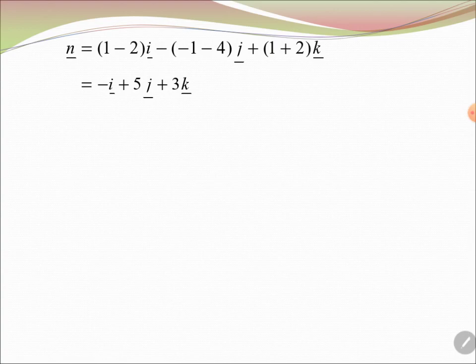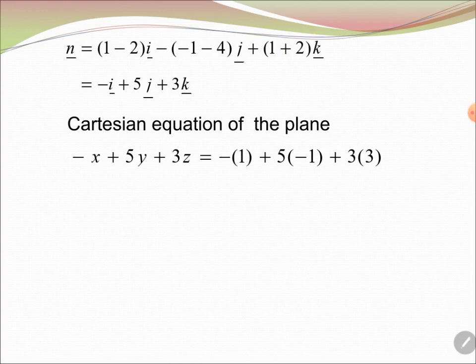And then because we know the position vector already, which is A, we just substitute the values of a, b, c and a1, a2, a3. So we have negative x plus 5y plus 3z, because the normal is negative 1, 5 and 3. And then here is negative 1 multiplied with the position vector 1, negative 1, 3. So we have the result for D equal to 3. So this is the Cartesian equation of the plane. Easy, right?